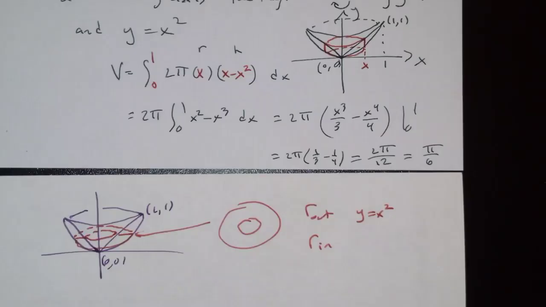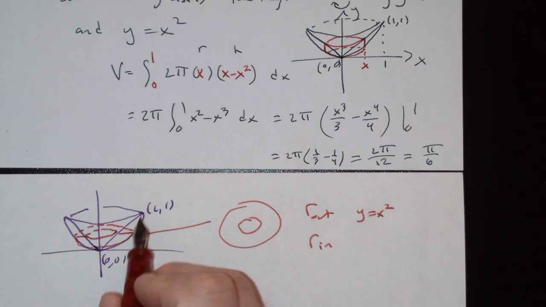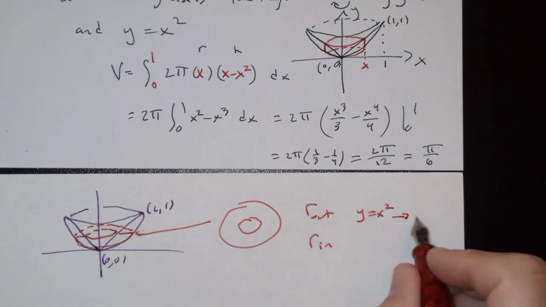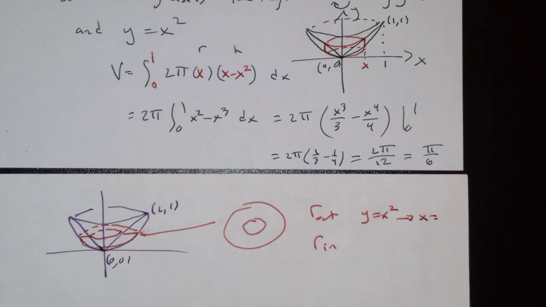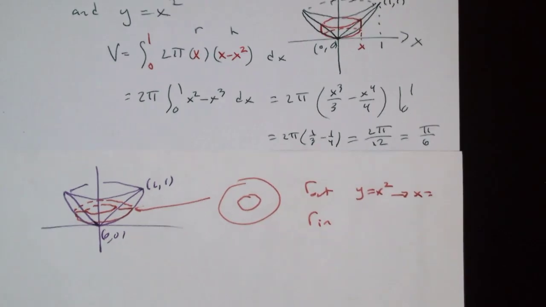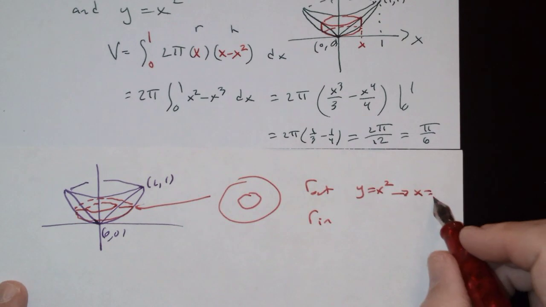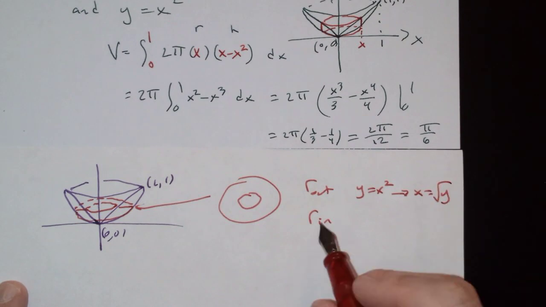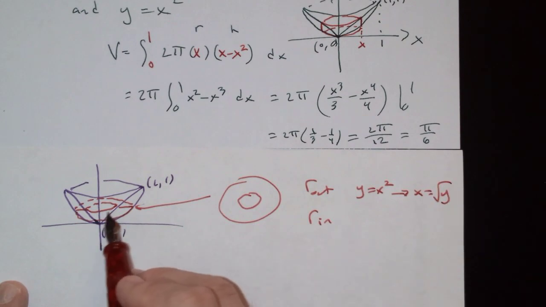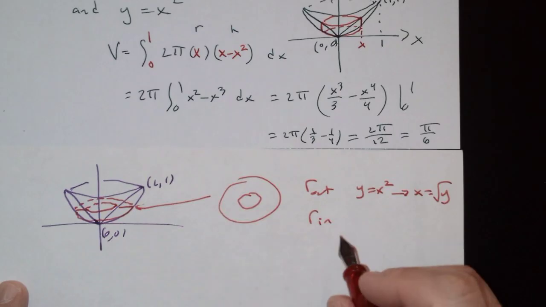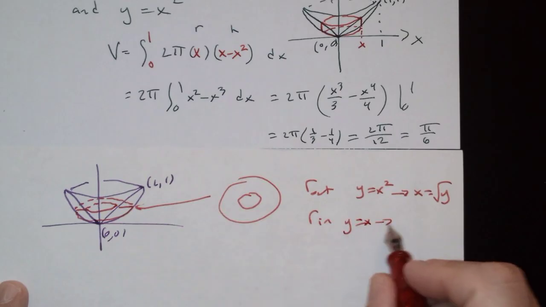Because from here to here, that's an x value. If I rewrite this equation, what is it x equals? And here, what's my inside radius? Aha.